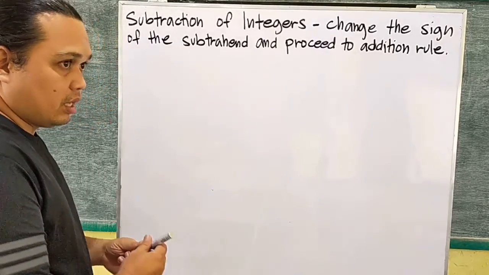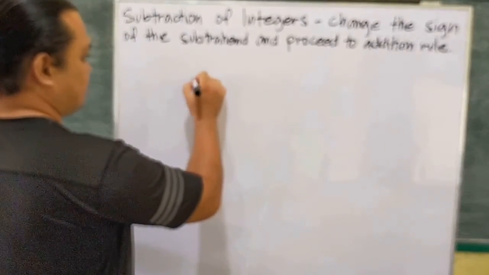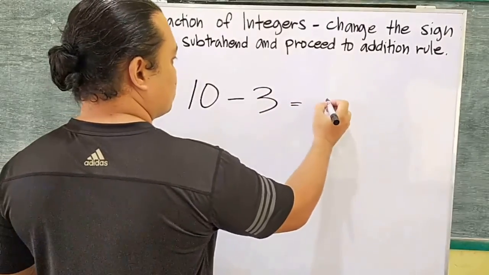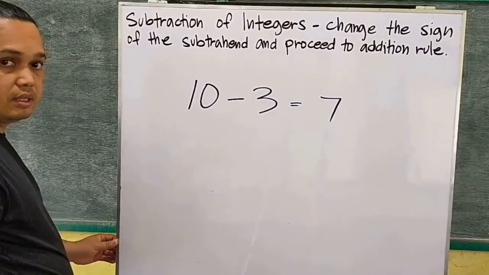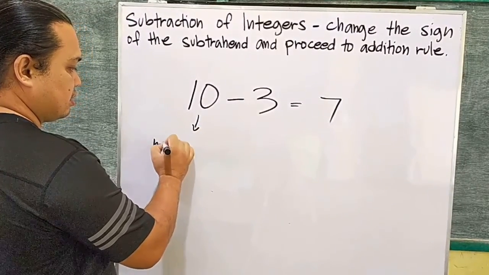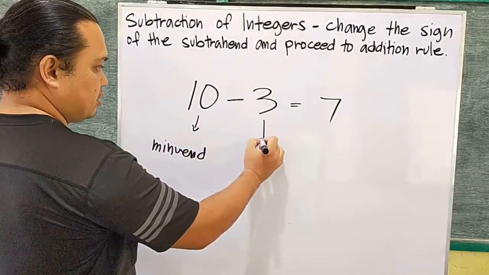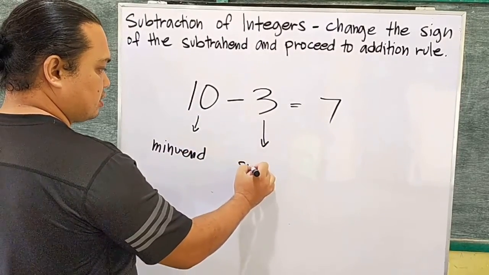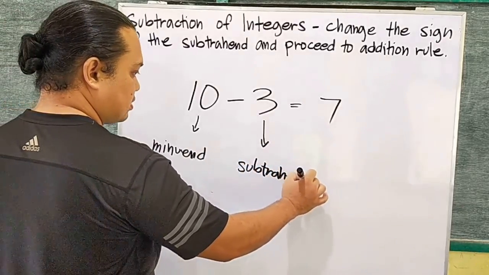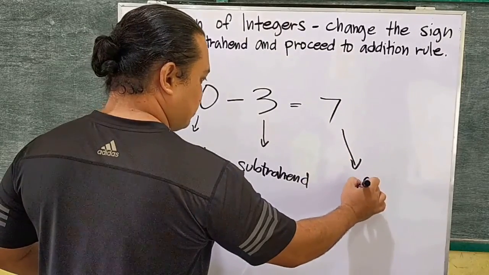Now, to explain that, for example, we have here 10 minus 3 equals 7. Now, 10 here is the minuend. 3 here is the subtrahend. And 7 here, the answer, is the difference.